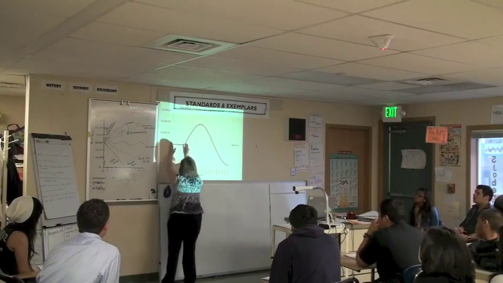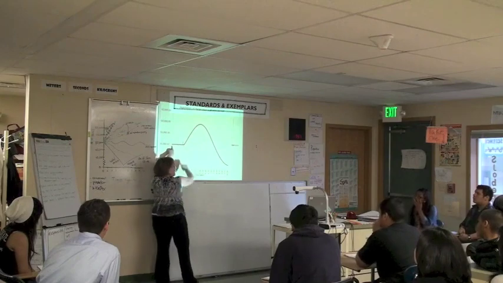I wanted them to have some time to think privately about their own initial ideas, then have a chance to share those with their group, and then as a group come up with a model hypothesis that they could agree on, a consensus about why that population would change over time.